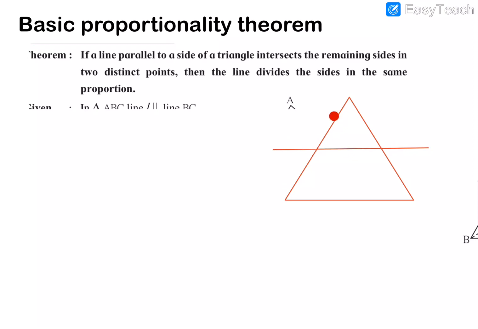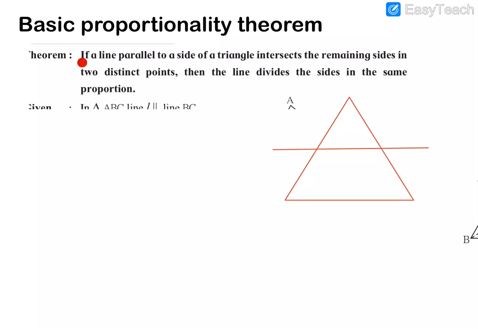Same proportion means this ratio and this ratio will be equal. So the ratio of the sides will be equal if a line parallel to a side of the triangle intersects the other two sides of the triangle at two distinct points.